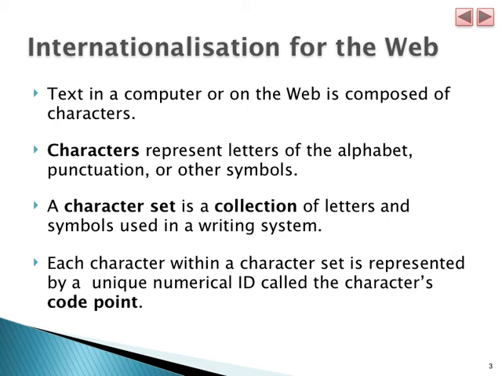So each character within a character set is going to be represented by a number. So we have a big table with numbers and the characters. And what we're talking about now in this class is the mapping of numbers to characters.